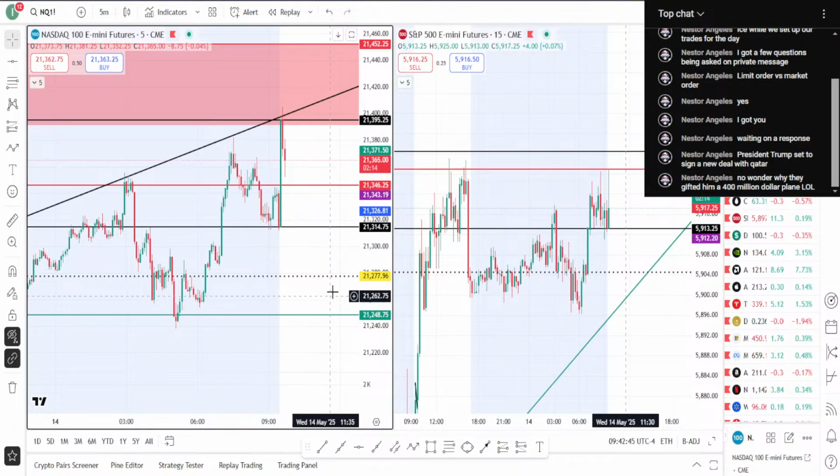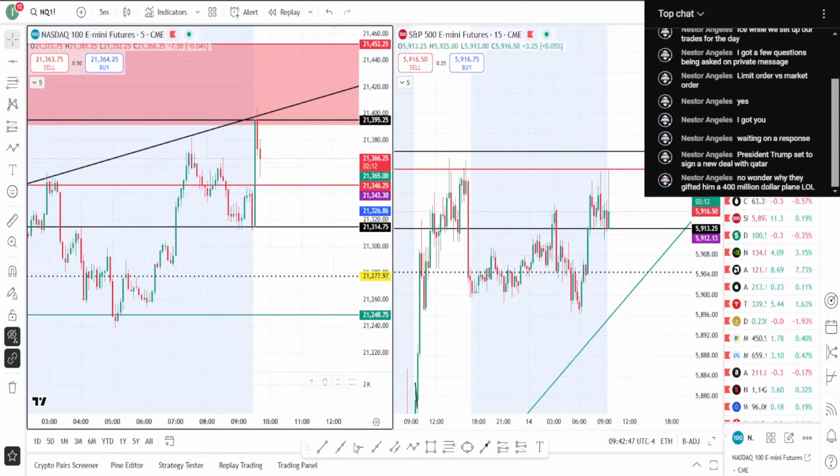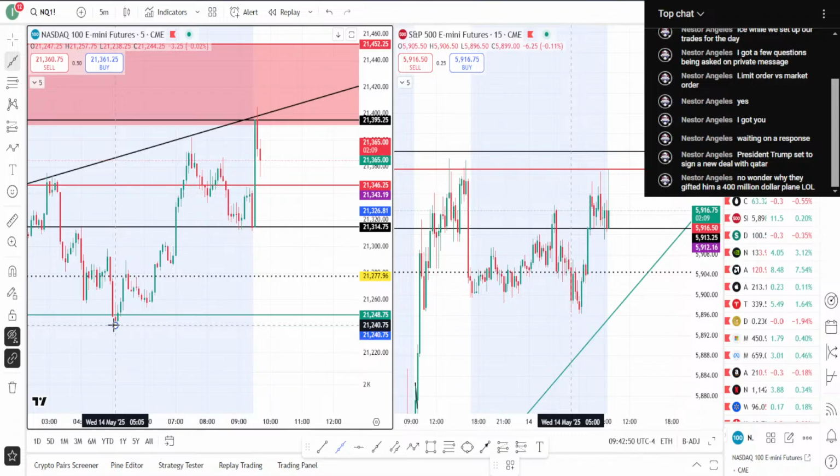All right, do we have any other trend lines on the chart? Do we have any other trend lines? And we got one right here.